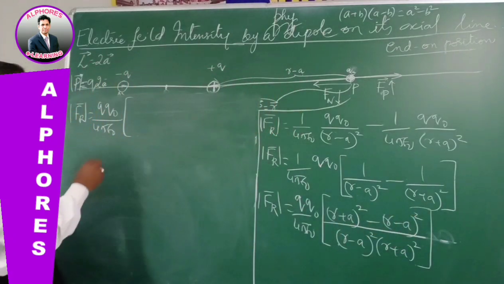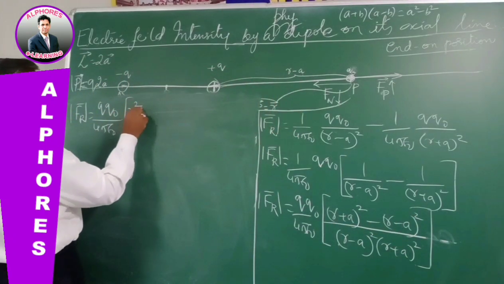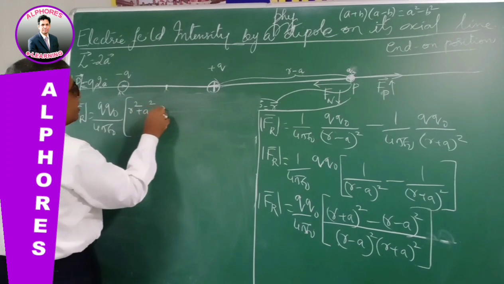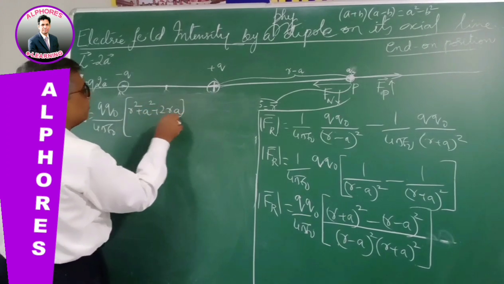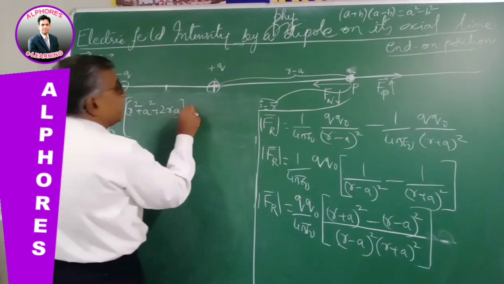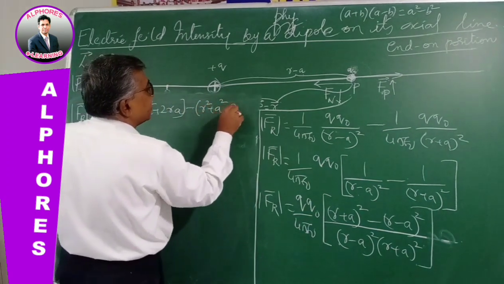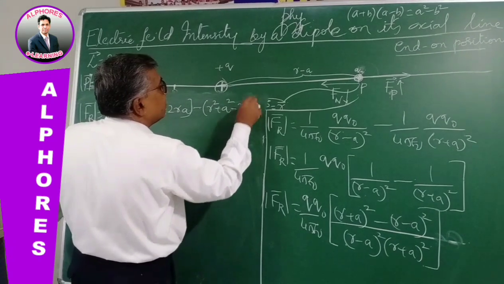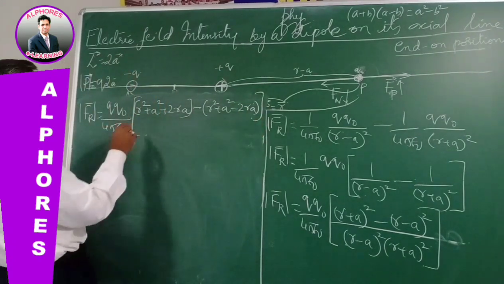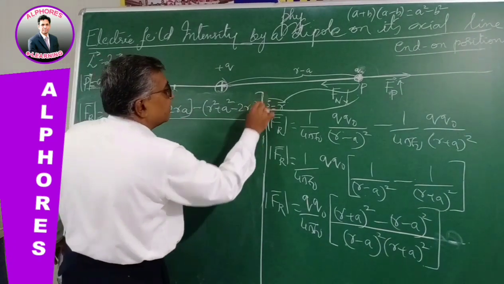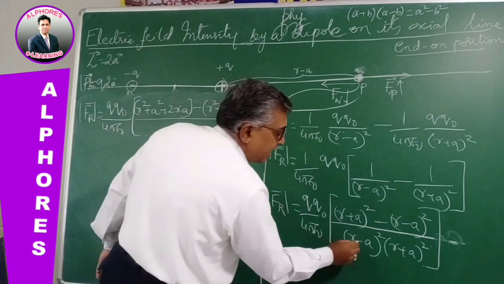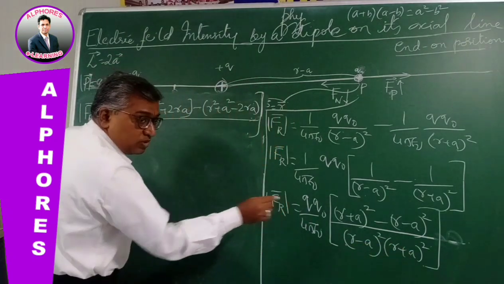Let us expand. Expanding, it is r square plus a square plus 2ra bracket minus r minus a whole square, r square plus a square minus 2ra bracket, whole bracket, by that in the denominator it is r minus a into r plus a whole square.